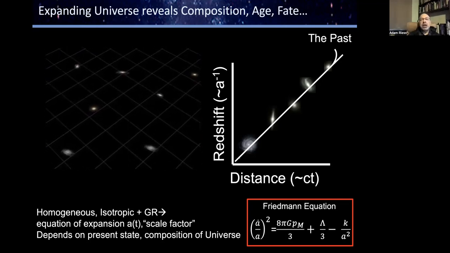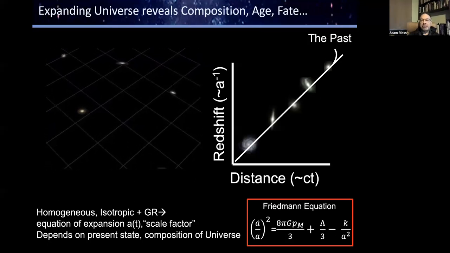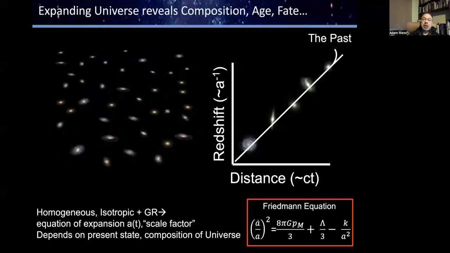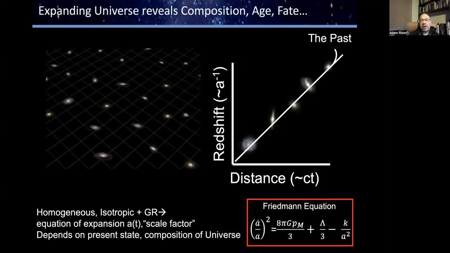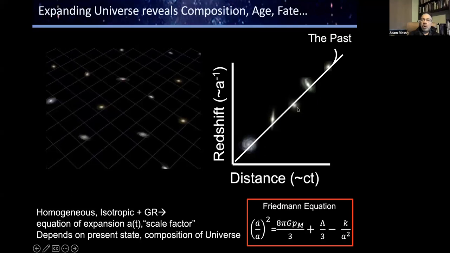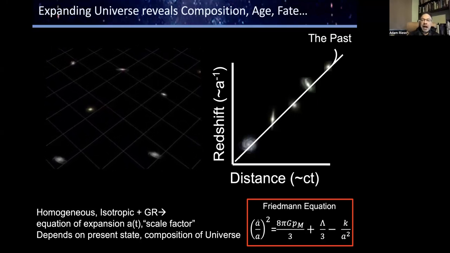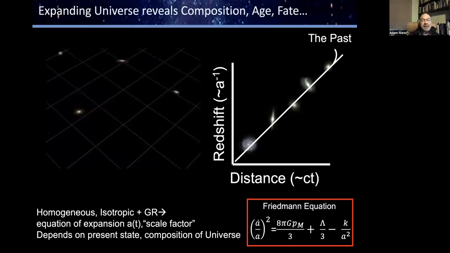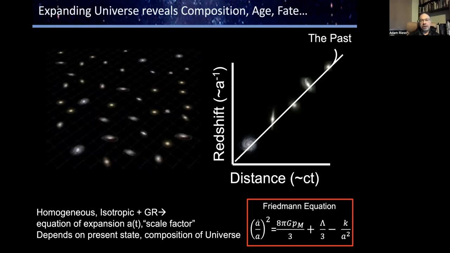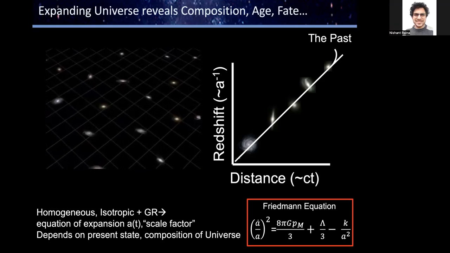And so in the observer's frame, what's known as the Hubble diagram, or redshift versus distance relation, is how we can learn about the expansion of the universe, A dot. Now, of course, if we look further into the past, by looking out in distance, we can also learn about the past expansion history of the universe as well. So we can learn about this whole function A of T.